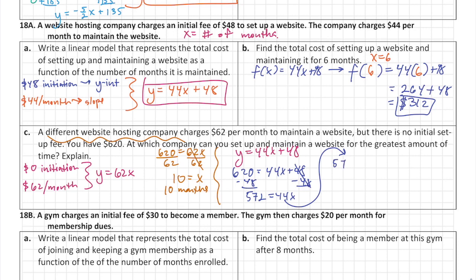I have 572 equal to 44x. Divide both sides by 44 and get x is equal to 13. So this would be 13 months.